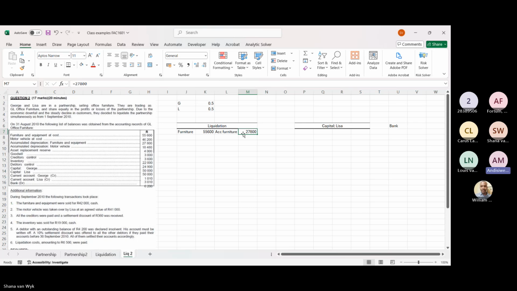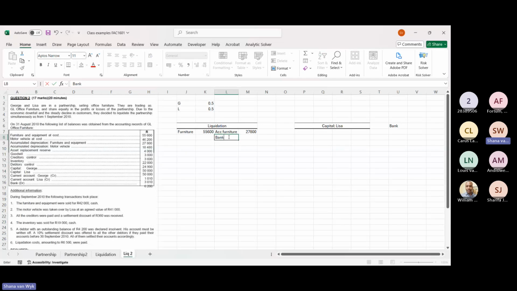No, we will split the profit or loss on liquidation at the end. At the end. Okay. So it's for cash, so bank would have been debited. So we're going to credit liquidation. Is that what we're saying? I'm just going to say bank.